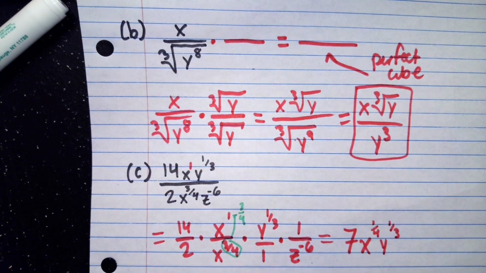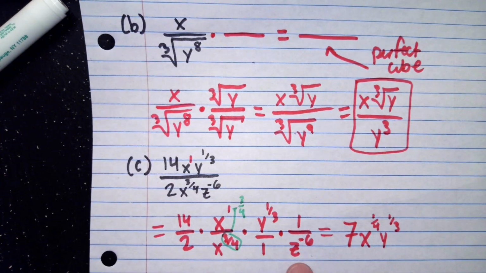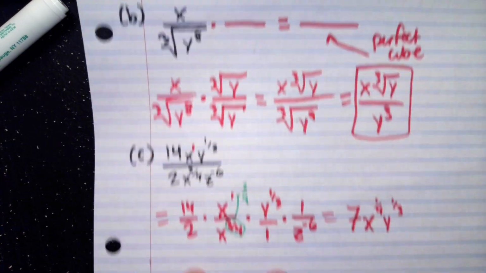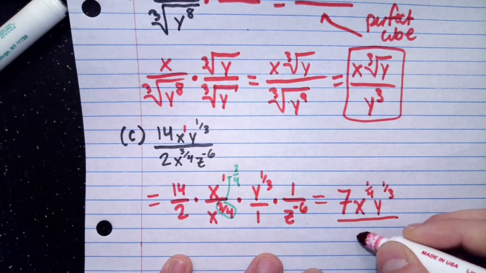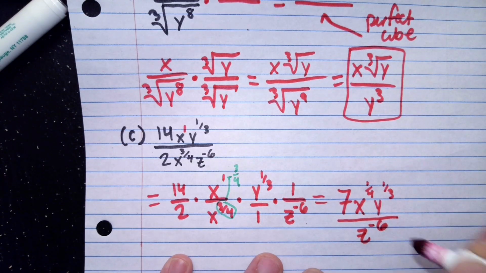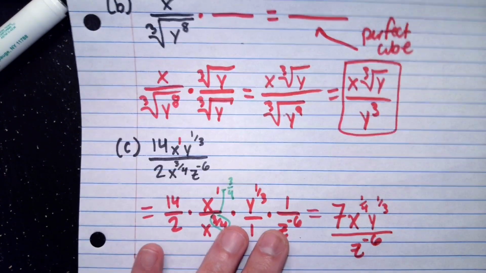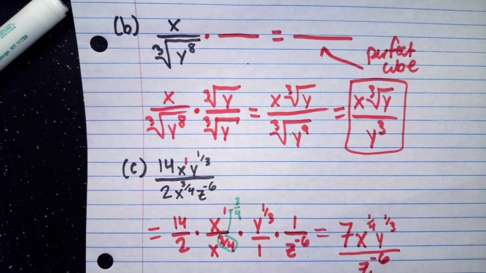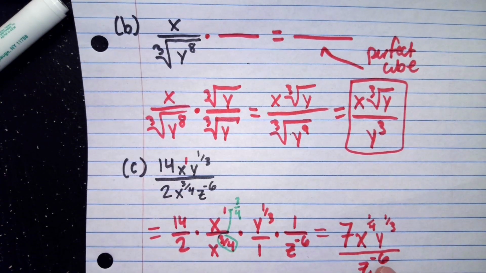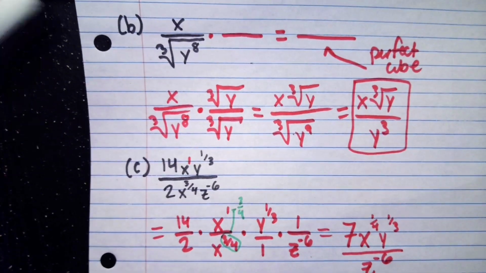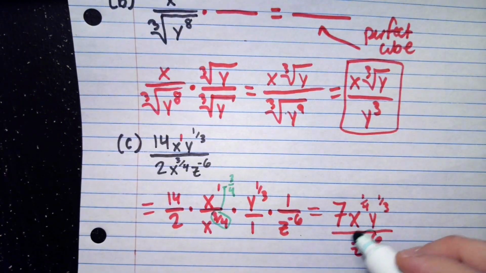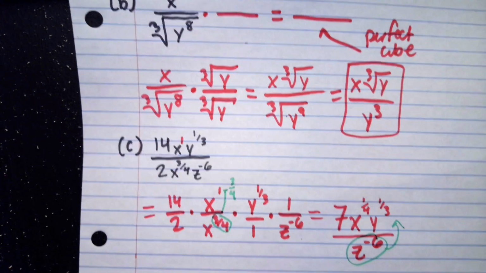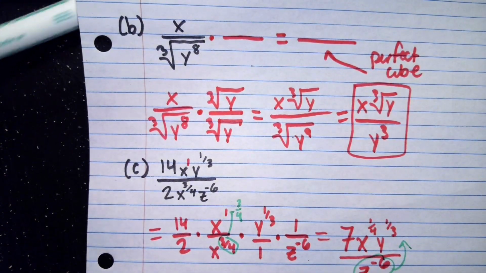1/3. And then we're going to multiply this times z to the negative 6. But again, we do not like the fact that we have negative exponents down here. So if I want to make sure that this turns into a positive, I have to take this z to the negative 6 power and send it up to my numerator.